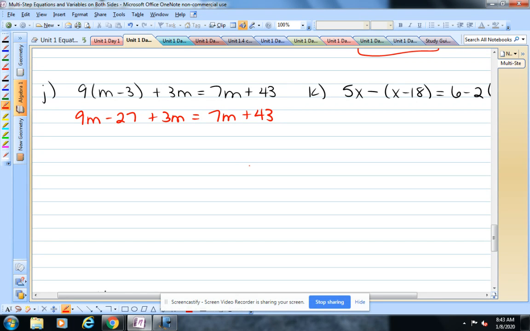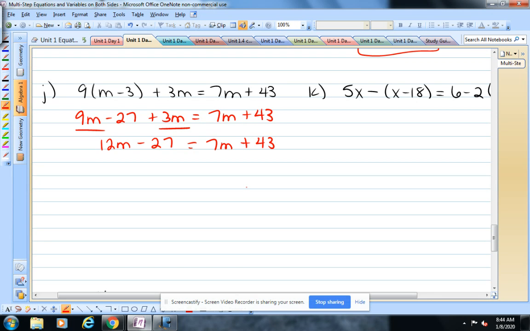Now what I like to do is look at each side of the equal sign and see if there's any like terms. Are there any like terms on this side? What are they? Yes. So then I combine my like terms if they're on the same side. So what is 9m plus 3m is 12m. Good. Minus 27. And were there any like terms over here? No, they're different. So I'm going to copy those for right now.